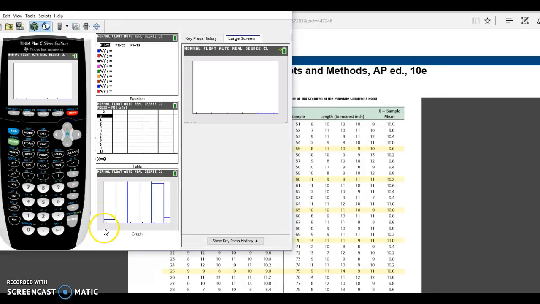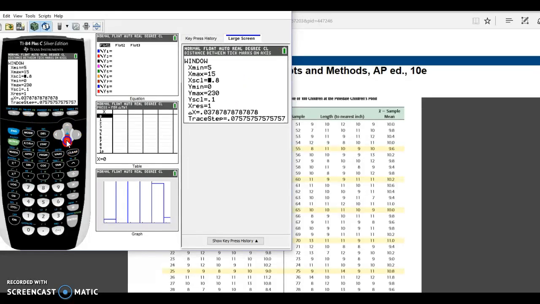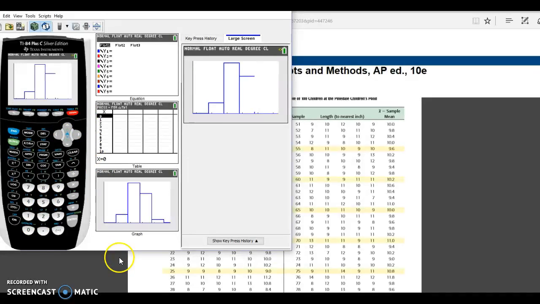Let's try that. Man, serious? 250. Trying to get a good look at this data distribution. I guess I'll go back to 250. Oops. Ooh, graph. Okay, that's not too bad.